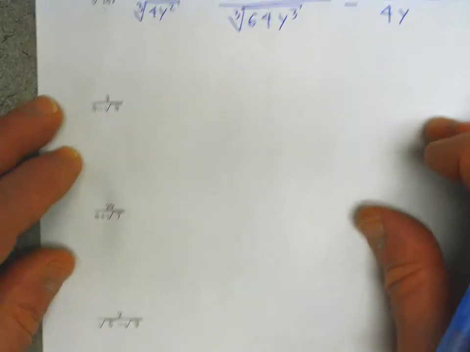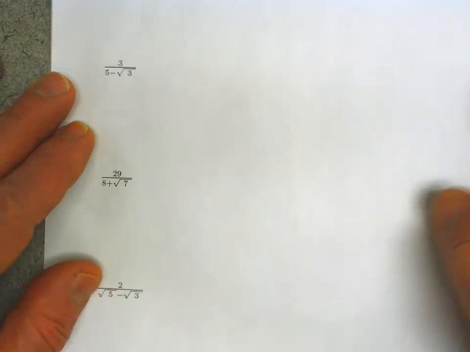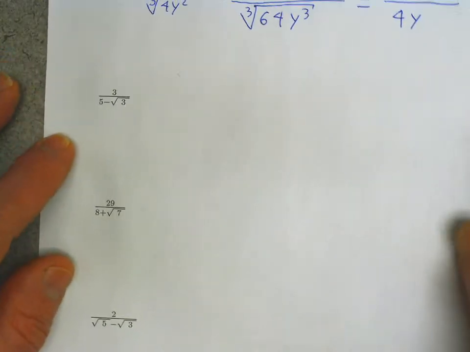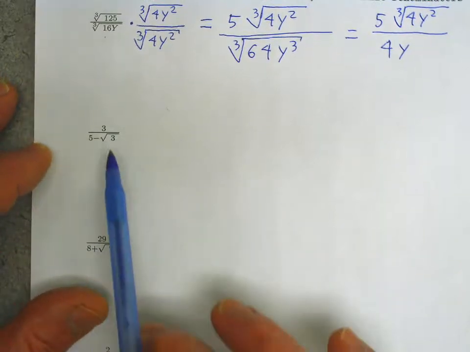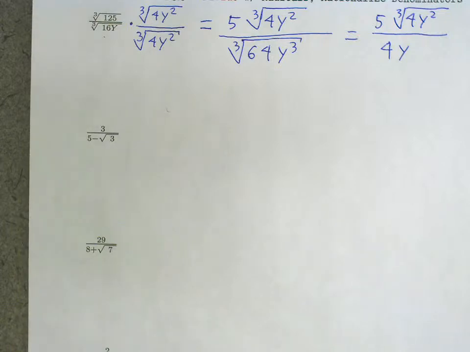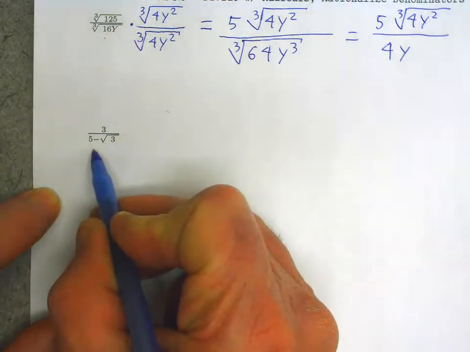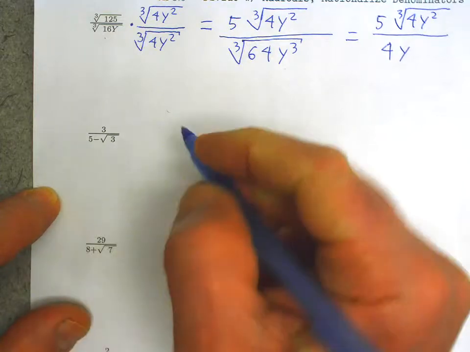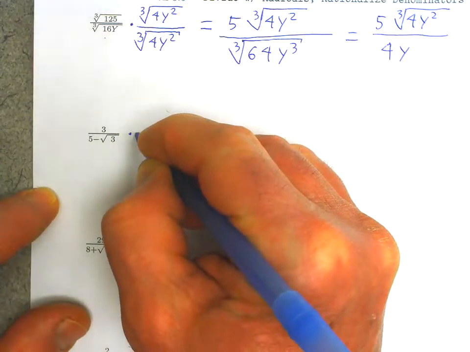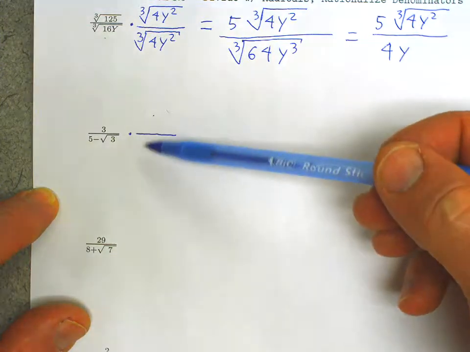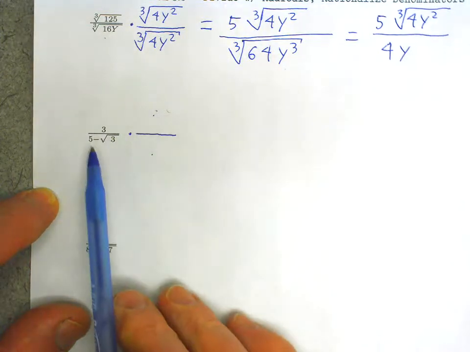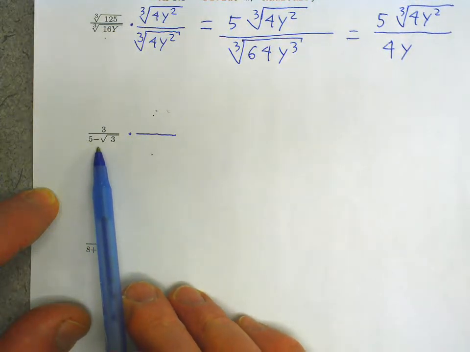Okay, the next few examples have a little bit different feel to them, but we're still going to just multiply by 1. On this one we have 3 divided by 5 minus the square root of 3. So since the denominator is 5 minus the square root of 3, we're going to multiply by 1 so that both the numerator and denominator have what we call the conjugate of the denominator.